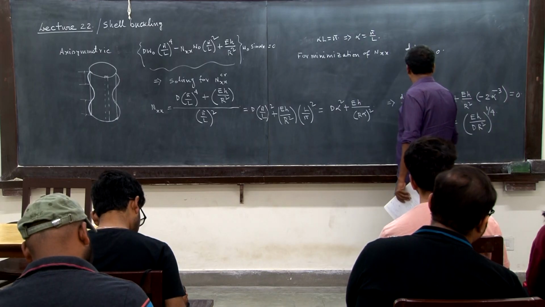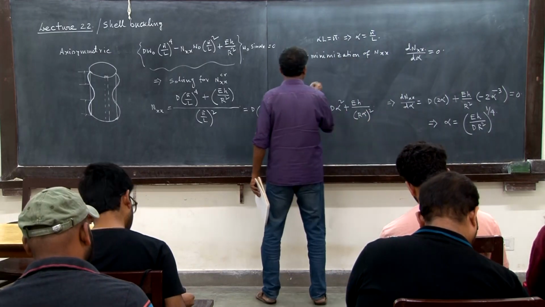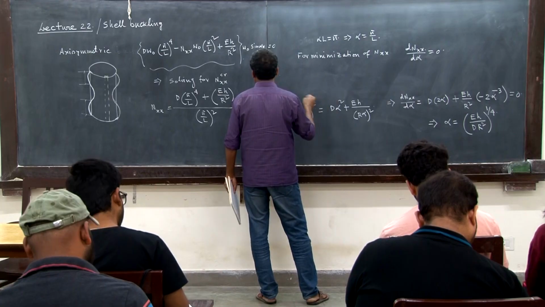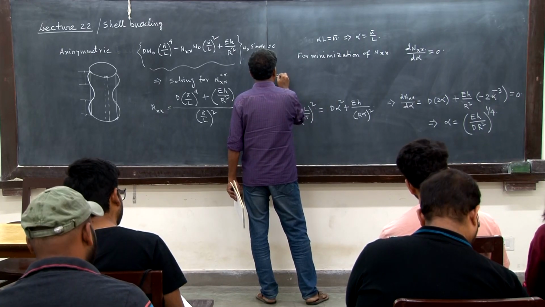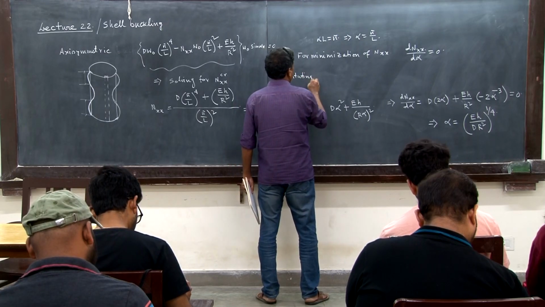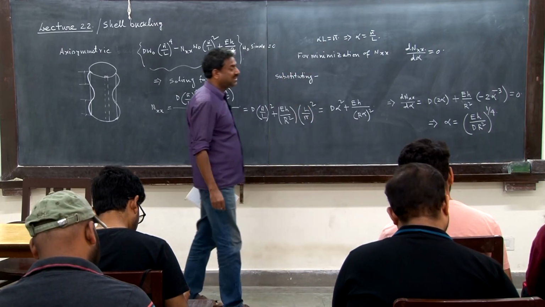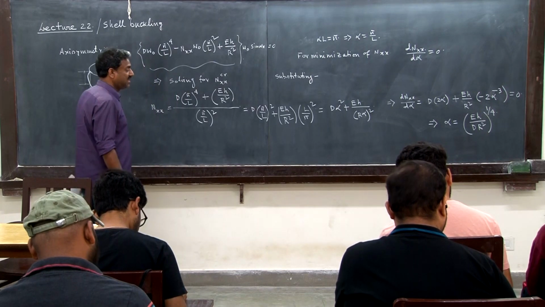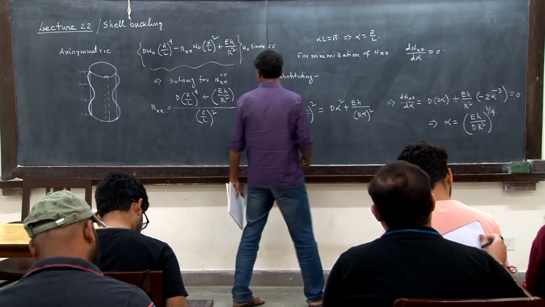for this alpha is this, and then substituting this alpha. So for that alpha, we want to see how many half wavelengths there are, and for which it can be minimum.